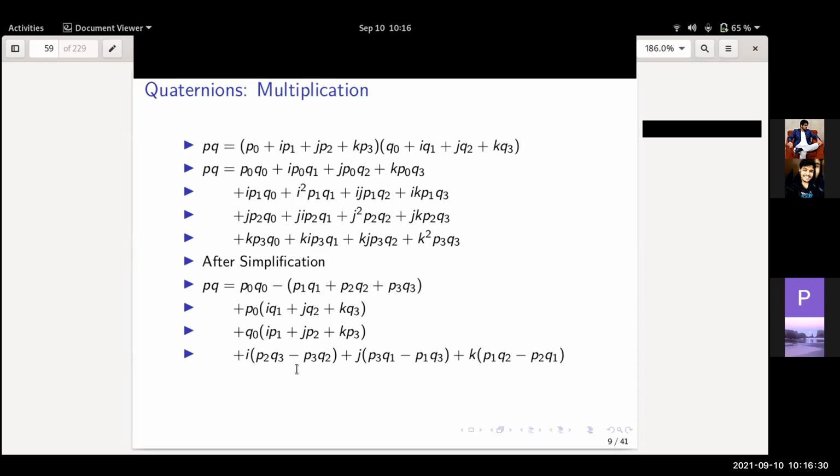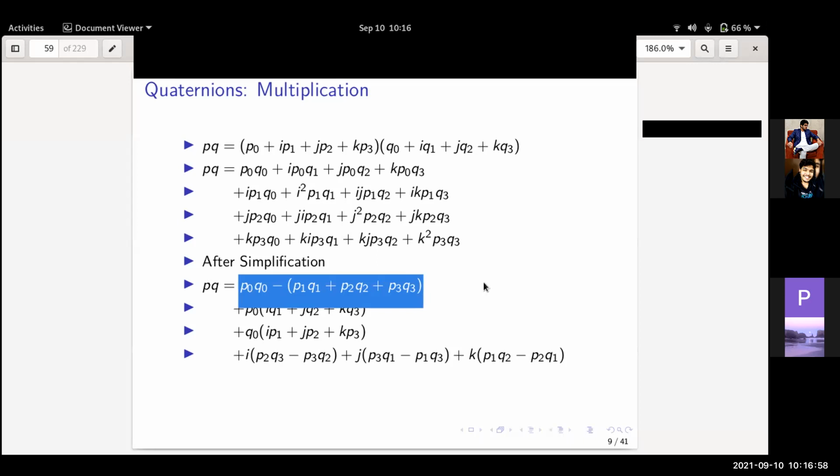So let us see how to interpret them. We have already indicated that the quaternion p can be thought of as p naught plus vector part of p, q naught plus vector part of q. So what would be this expression now? The first term, p naught q naught minus, is it a dot product of the vector part of p and the vector part of q?